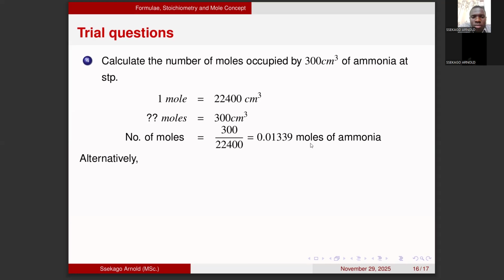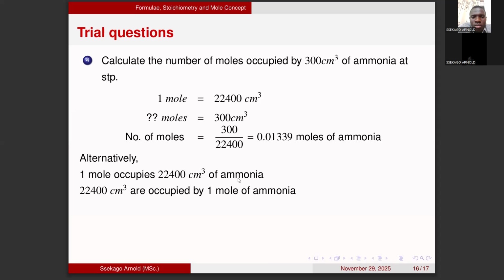Alternatively, there is another technical approach that can be employed. What we know from the mind map is that 1 mole occupies 22,400 centimeters cubed of ammonia at STP. So here we want to determine moles. The volume is given. Therefore, I can rewrite this as 22,400 centimeters cubed are occupied by 1 mole.